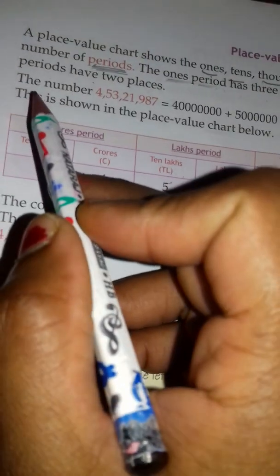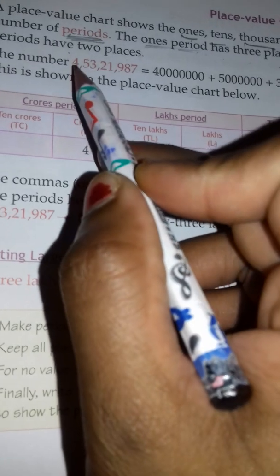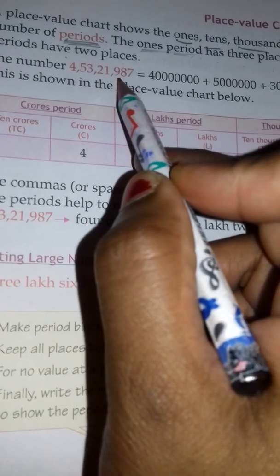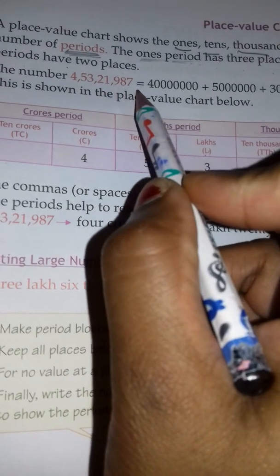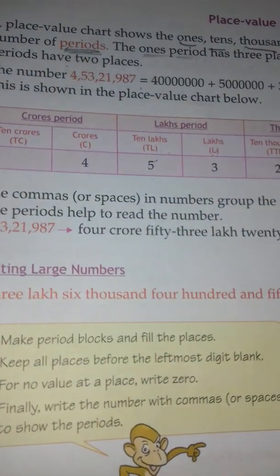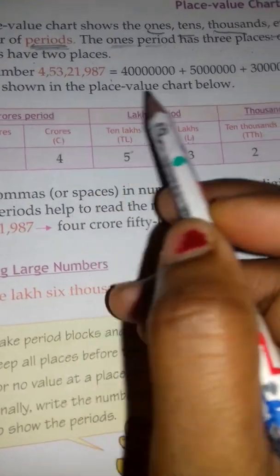Now an example is given: the number 453218987. So how will you write or read this large number? In this example we will see the periods of all the digits, or places of all the digits.